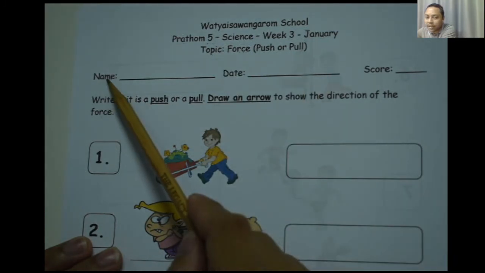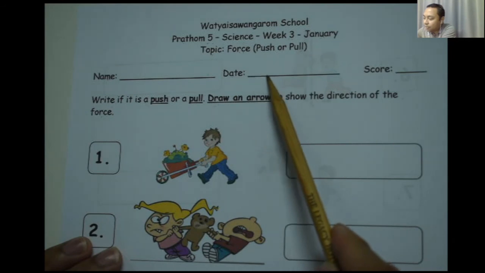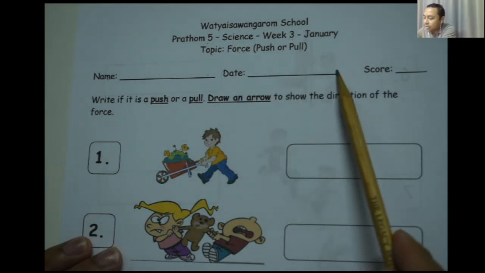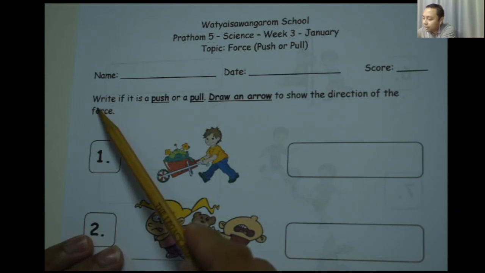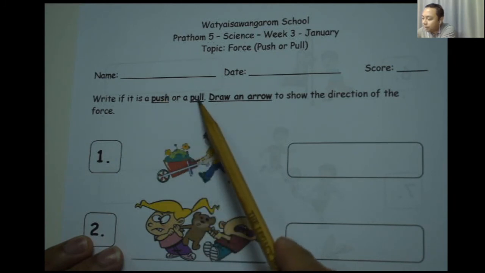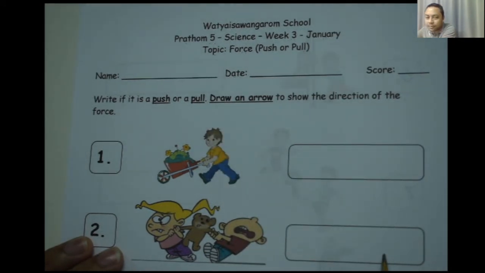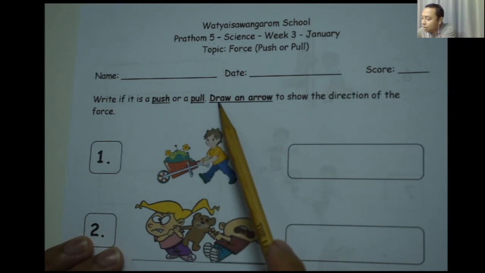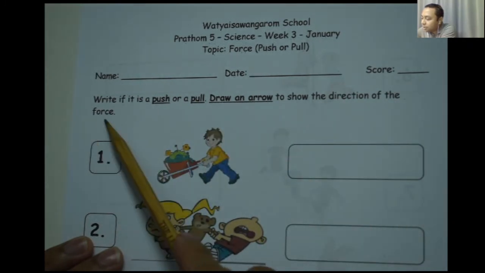You write your name in here and the date you answered this worksheet. Let's read the first instruction, test 1. Write if it is a push or a pull. You write push or pull inside the box provided. And then draw an arrow to show the direction of the force.